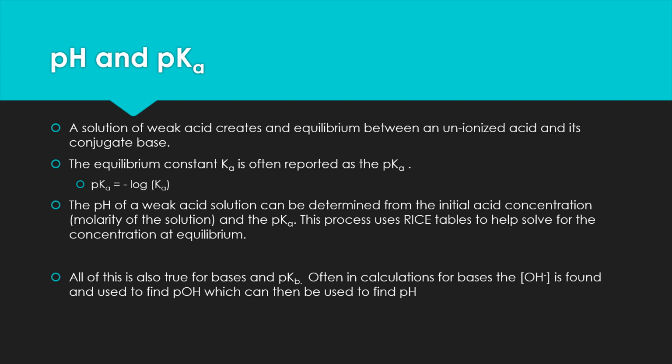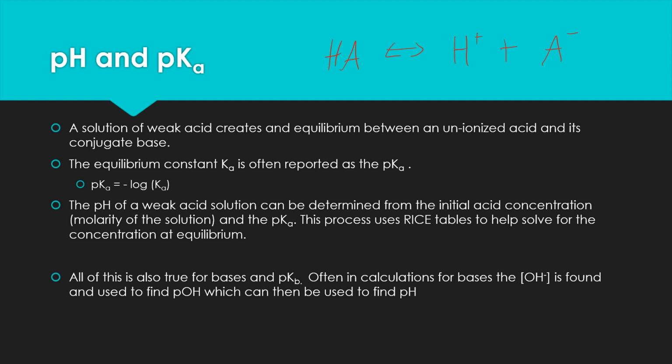So let's talk about what pKa is and its relation to pH. A solution of weak acid creates an equilibrium, as we saw on our last slide, between an unionized acid and its conjugate base. So again, we have that weak acid creating an equilibrium, where we get the hydrogen ion in small amounts, and then we get that conjugate base as well.